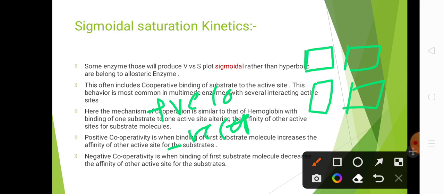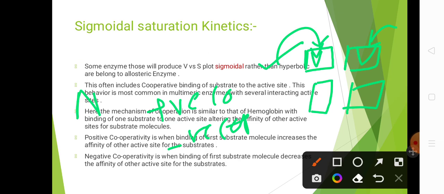Most of the time it will be another binding site, not an active site, but in some cases the active site on one subunit may act as an allosteric site for another subunit. Meaning, let's say the active site which is present in this subunit may act as a binding site for this active site. Okay, so that is the idea.